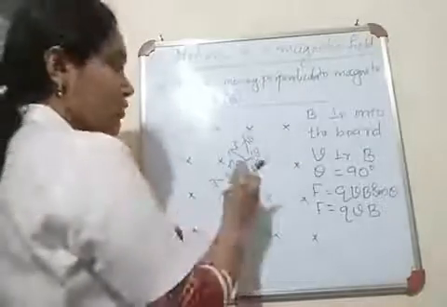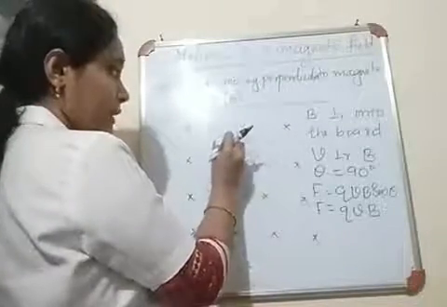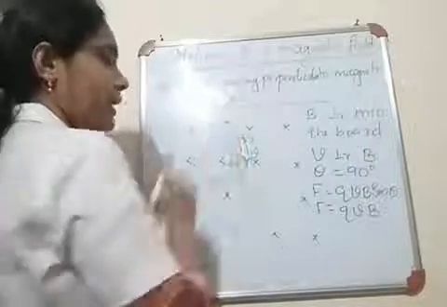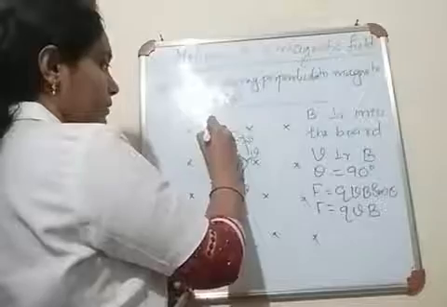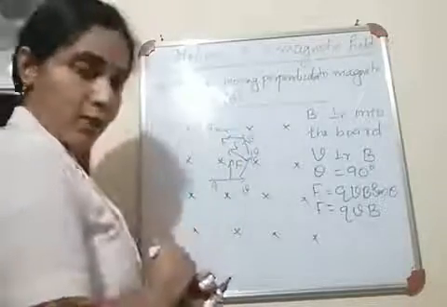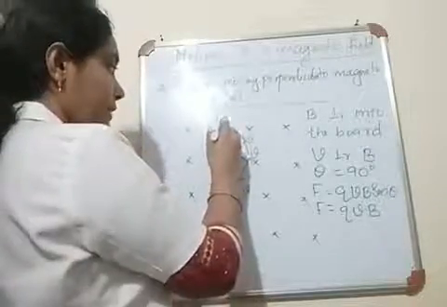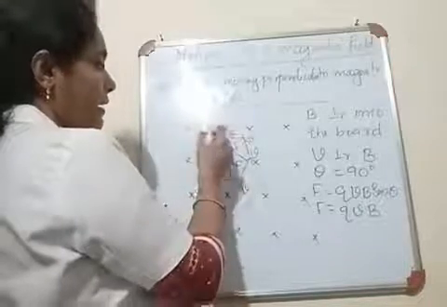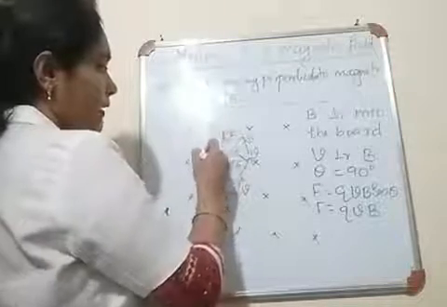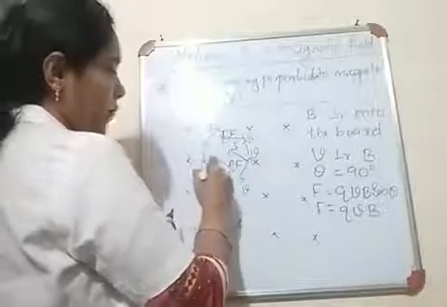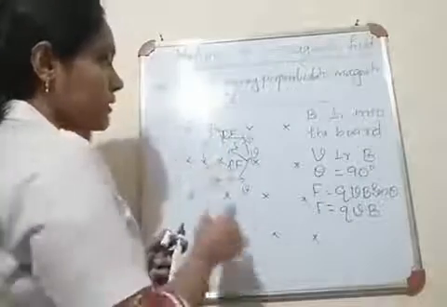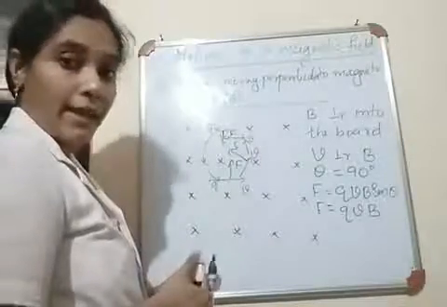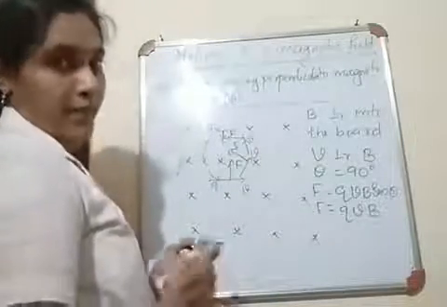As it moves in this direction, again it experiences a force along this direction, so it deviates and starts to move along this path. Like this the particle will deviate at each point. This is the path of the charged particle when it enters perpendicular to the magnetic field.